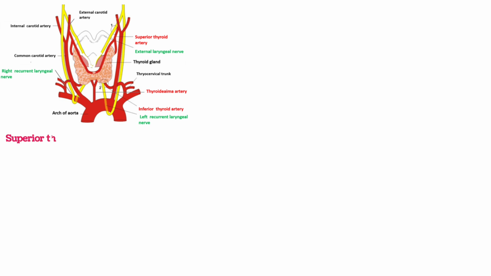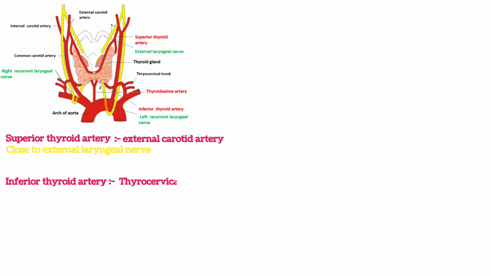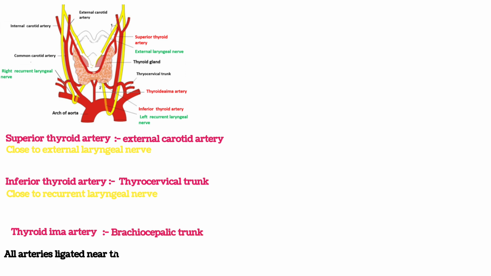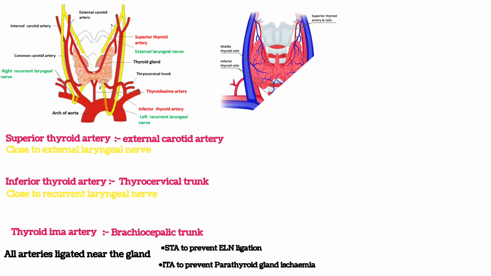One important thing to remember is external carotid artery gives the superior thyroid artery. Here, external laryngeal nerve lies very near to the origin of the superior thyroid artery, and same as where the inferior thyroid artery enters the gland, there the recurrent laryngeal nerve passes very near to the inferior thyroid artery.